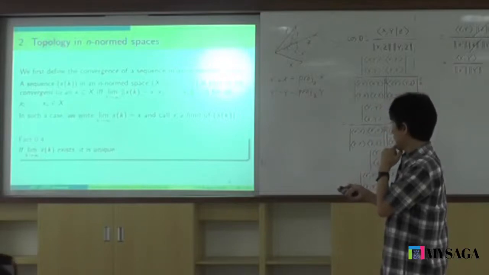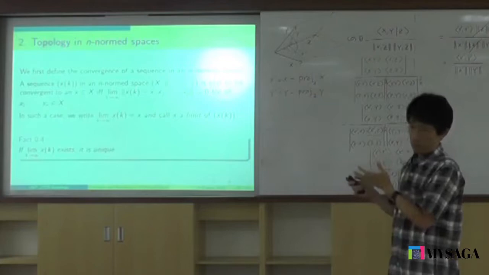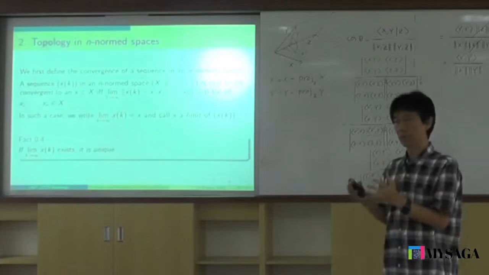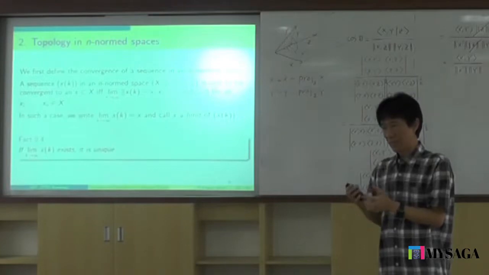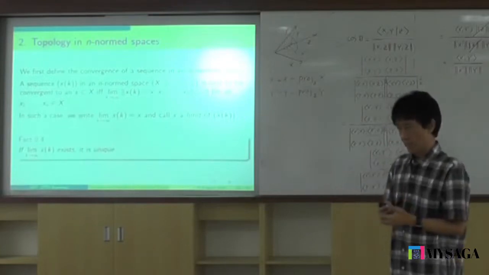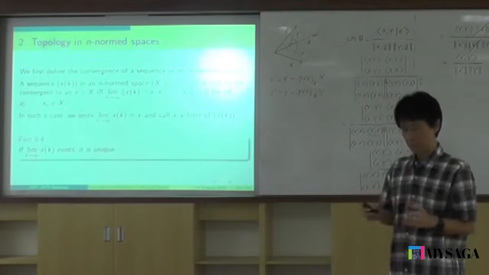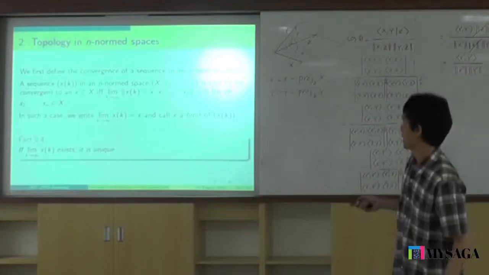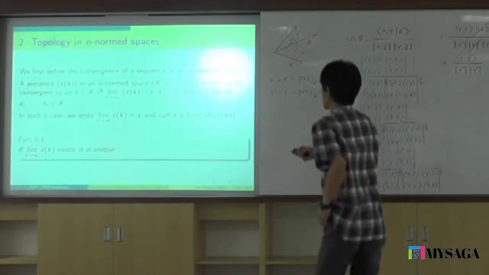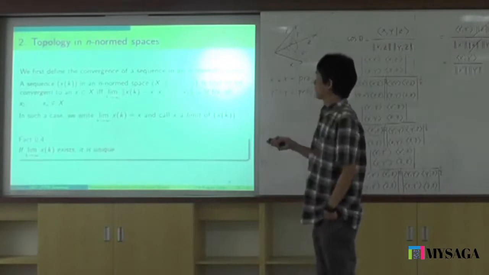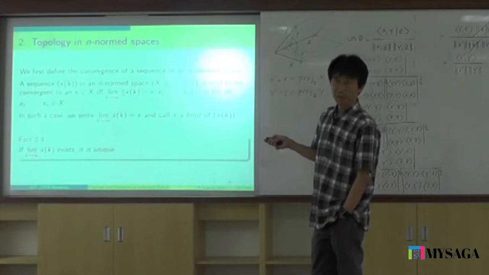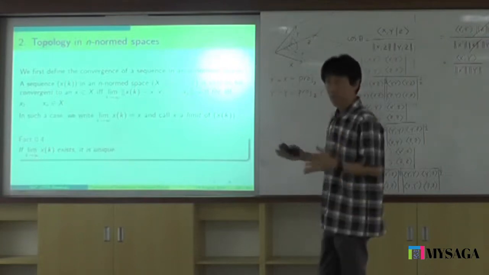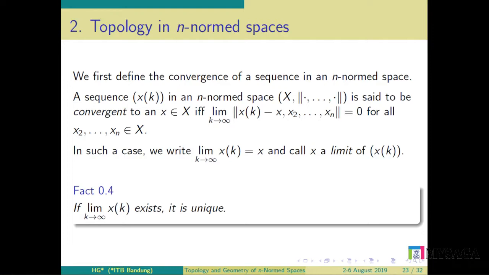Now, for a sequence, so as not to conflict with the indices of the vector itself when x is also a sequence, I write the sequence like this: x of k. Basically a sequence is a function, right?